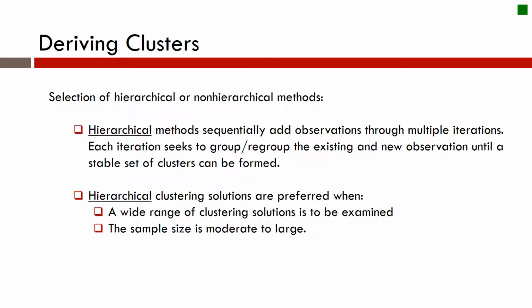It's a step-by-step approach, kind of like stepwise regression, where we add variables that are meaningful. In hierarchical cluster analysis, we usually add observations. Sometimes we'll take two observations that are statistically close to each other and group them together. Then we'll add a third and see if it groups or forms its own group, and then the fourth, and then the fifth, and so on.